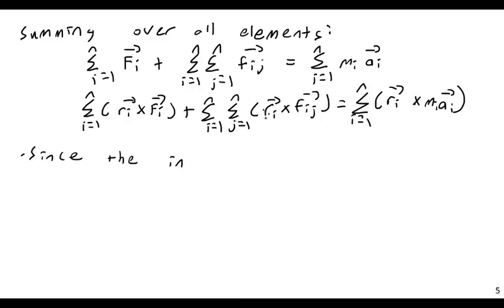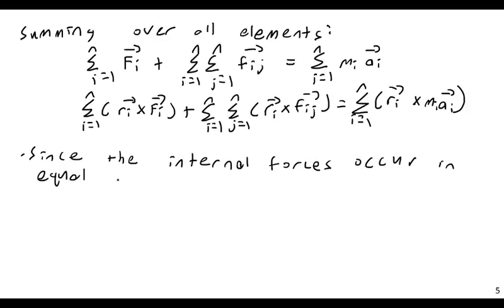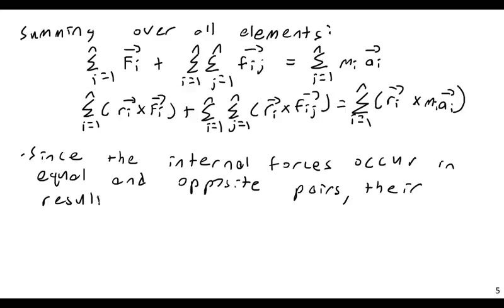I can sort of eliminate the internal forces from this equation by saying, since the internal forces occur in equal and opposite pairs, if we're looking at the center of mass of the system as a whole, they will disappear from our equation. In equal and opposite pairs, the resultant is 0 on the system as a whole. The resultant is 0 on the entire system.